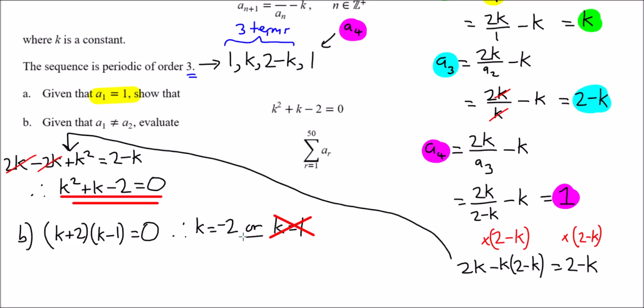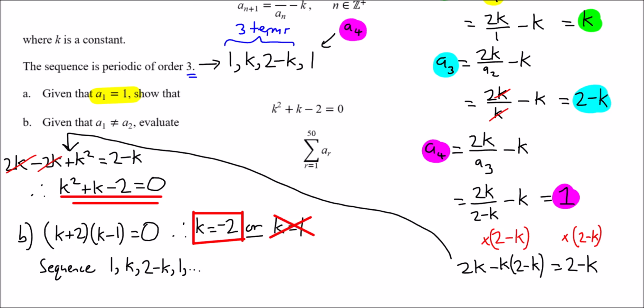So therefore, we've got that k equals minus 2. Sorry, I can't read my own writing. Terrible. So now the sequence 1, k, 2 minus k cycles back to 1 again.